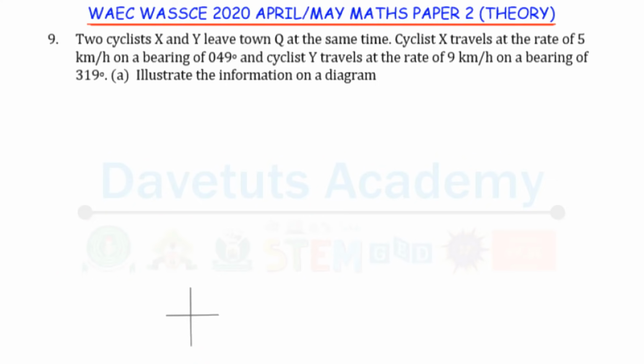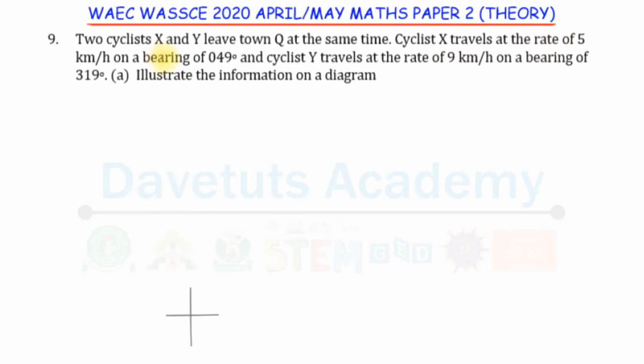And in the first case, we are told that the cyclist x travels at a rate of 5 km per hour on a bearing of 049 degrees, and cyclist y travels at the rate of 9 km per hour on a bearing of 319 degrees.